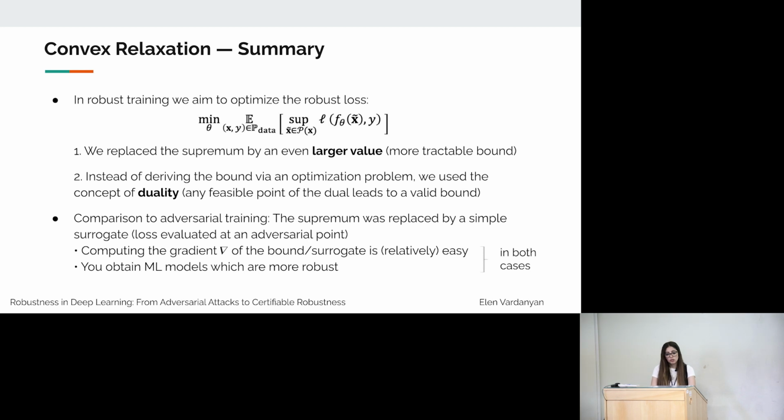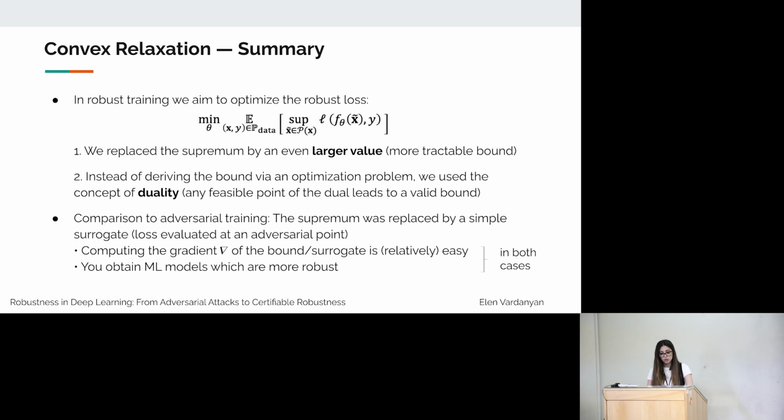And so in the slides before about duality, instead of getting the bound by solving an optimization problem, we use this concept of duality to find a lower bound that we got before.